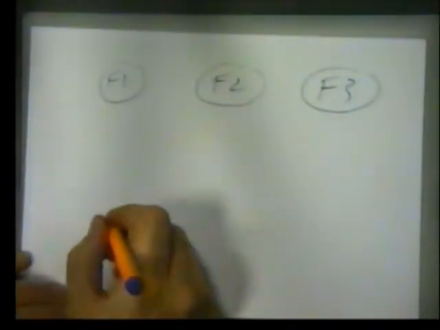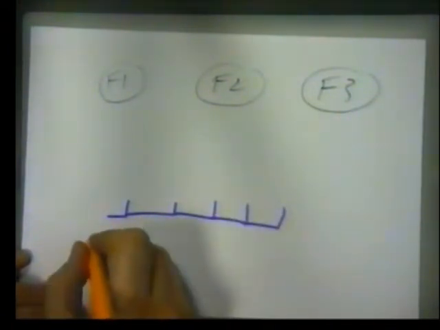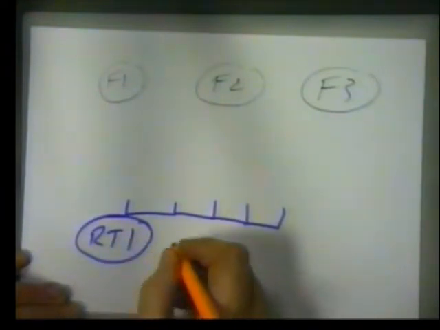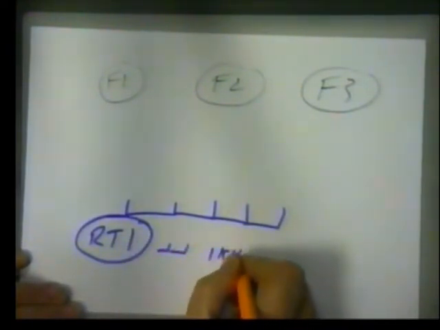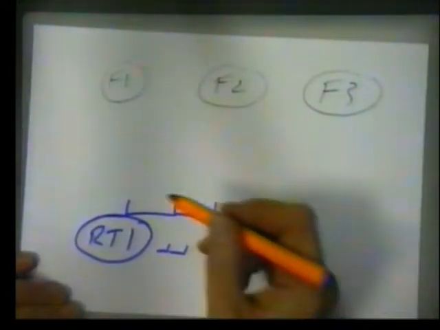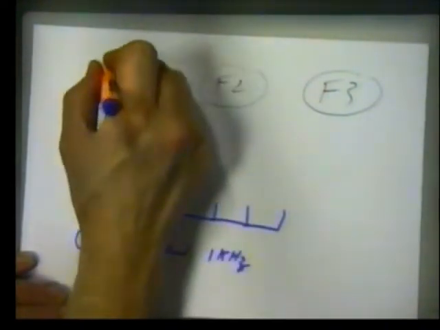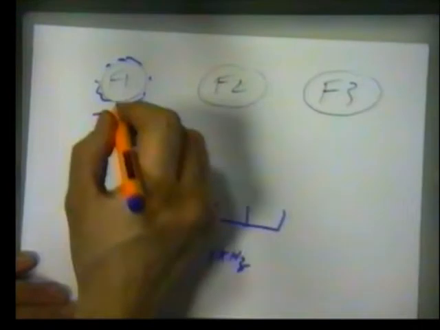Now, how does the operating system arbitrate between them? Well, somewhere or other, there will be an RTI, a real-time interrupt, occurring at regular intervals, typically kilohertz, let's say. And what it does is that every time there is an interrupt, whichever is the active task is suspended, put to sleep.